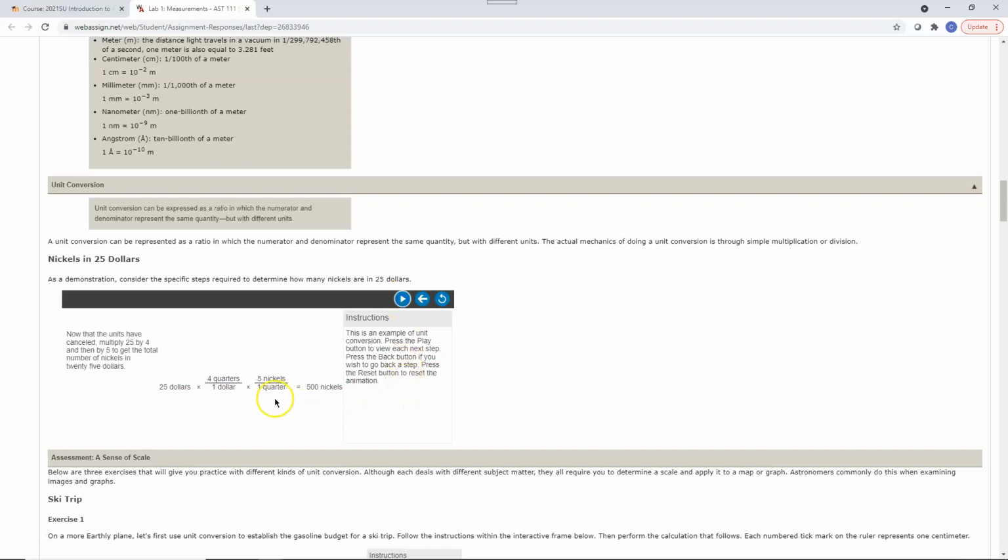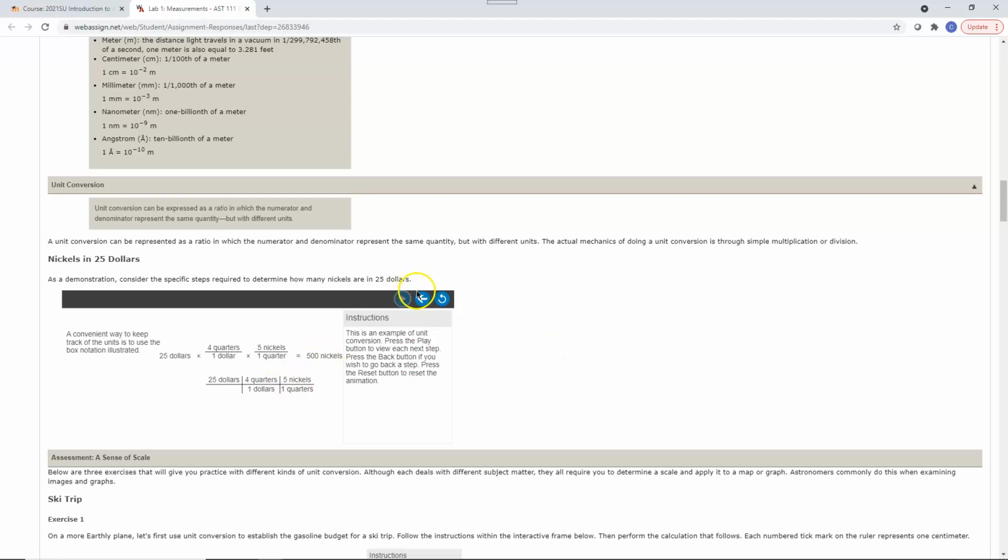And then we multiply all those things out, and it comes out to 500 nickels, when we make that conversion from dollars to nickels. And there we are. $25, 4 quarters, dollars cancel, nickels, quarters cancel. So we're left with the nickels, multiplying 25 times 4, which is 100, times 5 is 500.